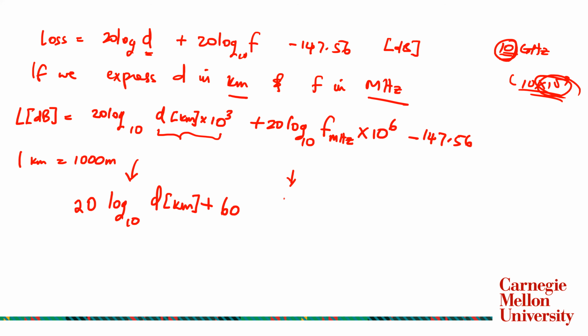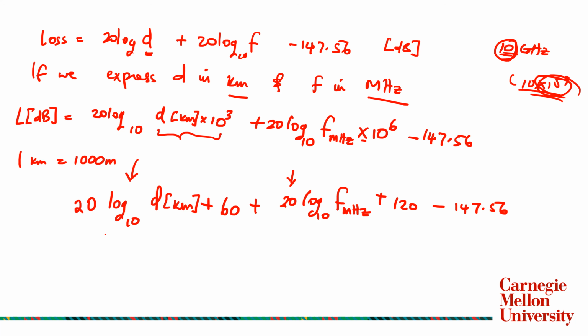The 60 is from the 10 to the power 3: the 3 goes there to make 60 from 20 log 10 of 10. Because we are multiplying, we basically add 20 log 10 of F in megahertz, plus the other term, 20 log 10 of 10 to the power 6. And that 60 goes there to make 120. And then obviously minus 147.56.